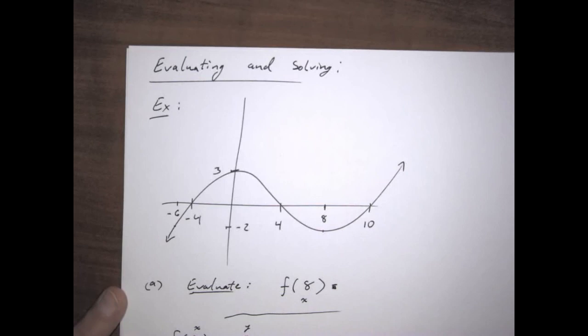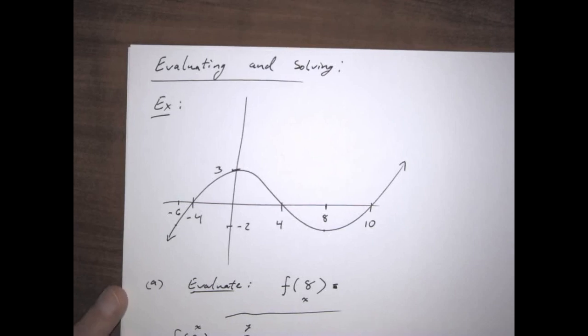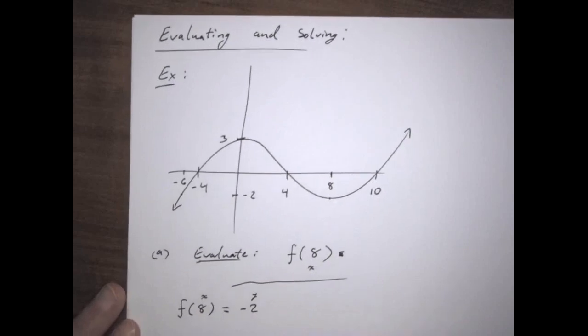And then conversely, we could have to solve. And we could solve, say, something like f of a mystery x, it's for us to find that, is equal to, let's say, -2. Then it's up to us to find all the values of x that would make this happen.